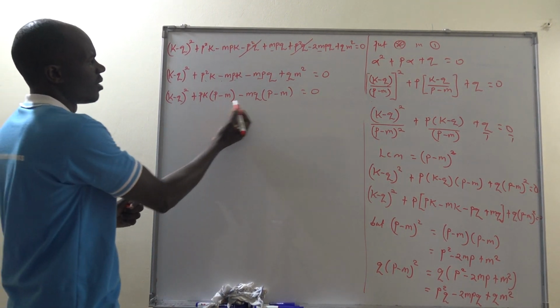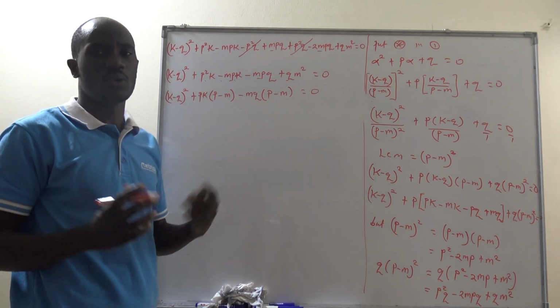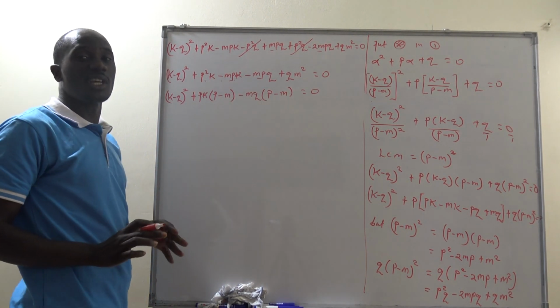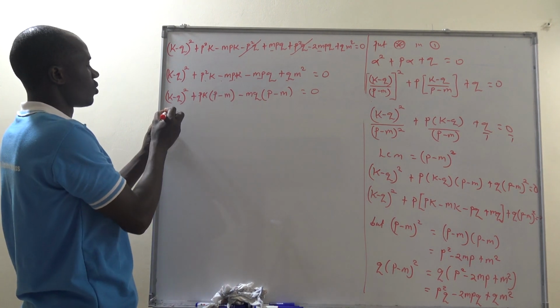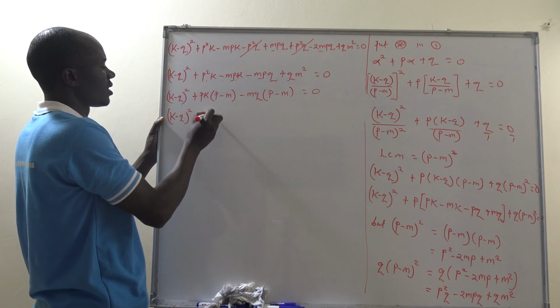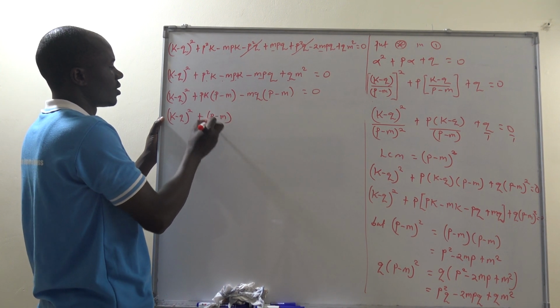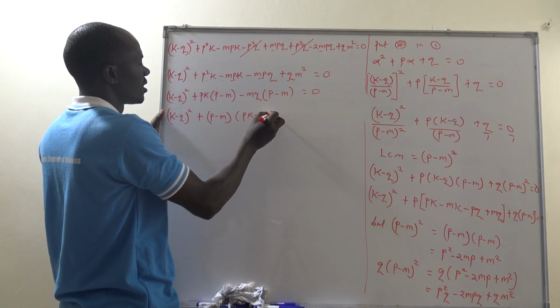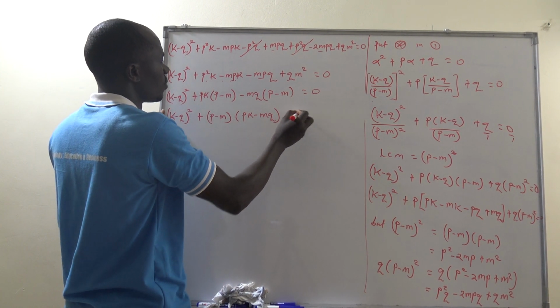Again, see here, what is common, from what we did during quadratic equations? You can see p minus m is again common. So this is (k − q) squared plus (p − m), it is already out, into (pk − mq), and the whole thing equals a there.